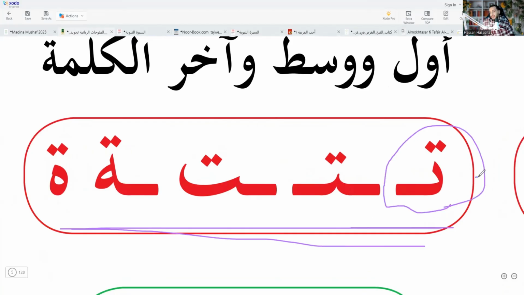When you see that, it's very long there, so you know 100% there is nothing before. And ta comes at the beginning. There are no lines or teeth. So ta has a letter before and a letter after. There, ta has the head at the top at the end. So ta comes at the end.